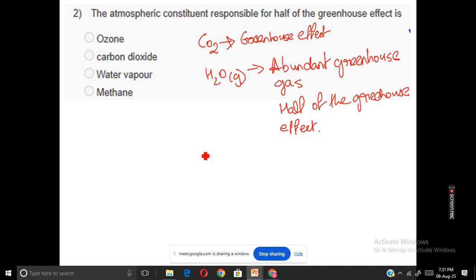Okay, but increase in water vapor doesn't actually lead to warming. We say the amount of carbon dioxide has increased almost 50% in the last 100 years.